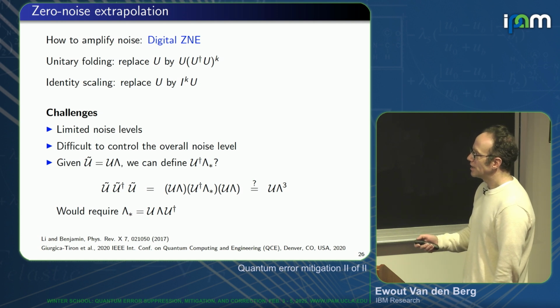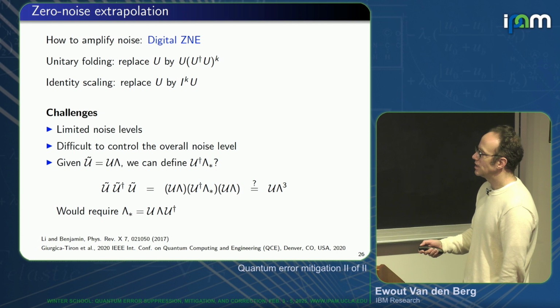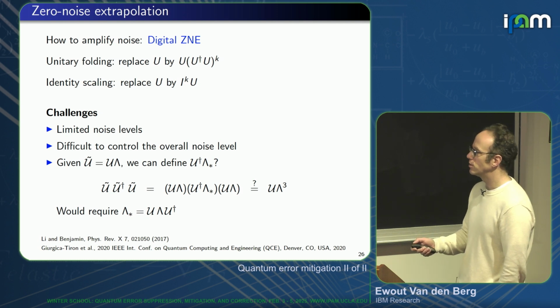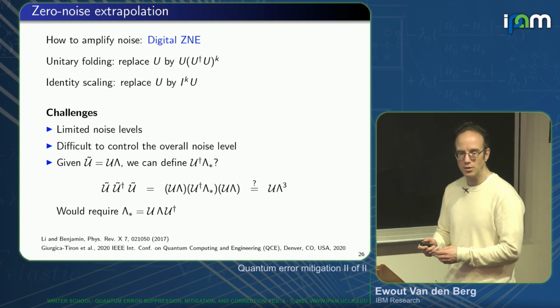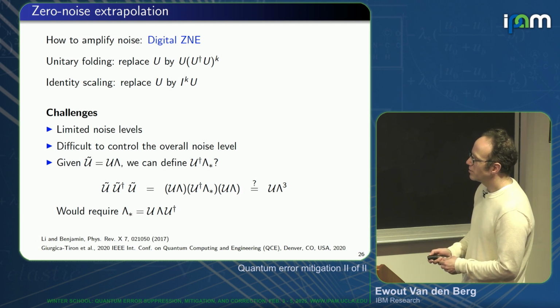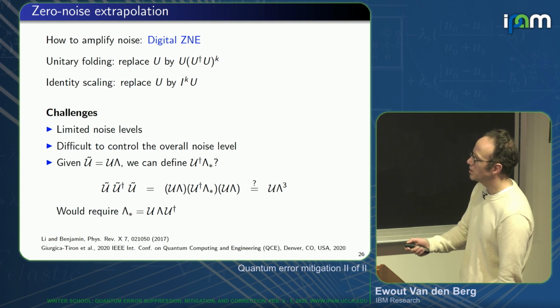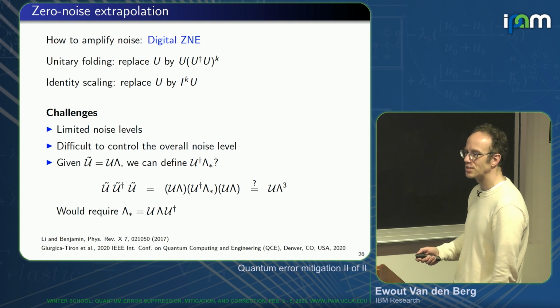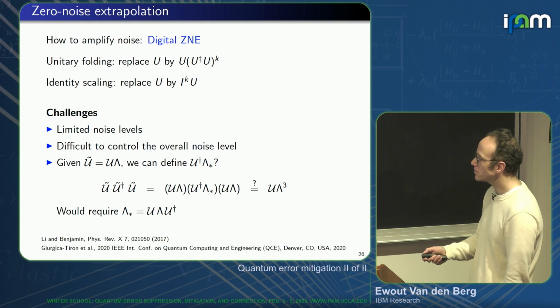Several challenges of this approach are that it gives you a limited number of noise levels. You can't really control it too well. If you're given some noisy gate, do you know what the noise will be for the U dagger? That's one question that's not entirely clear.